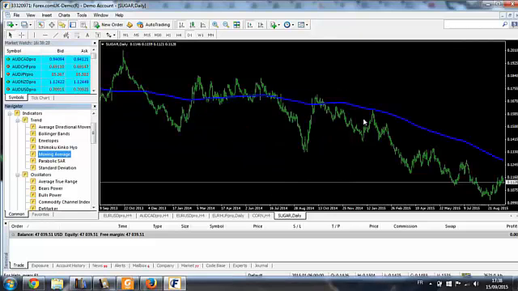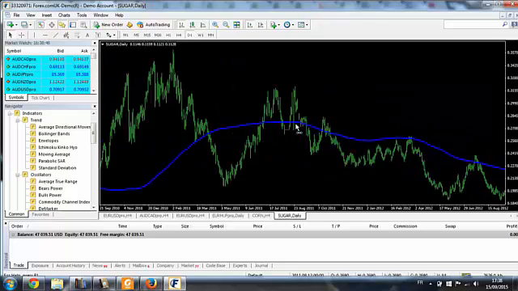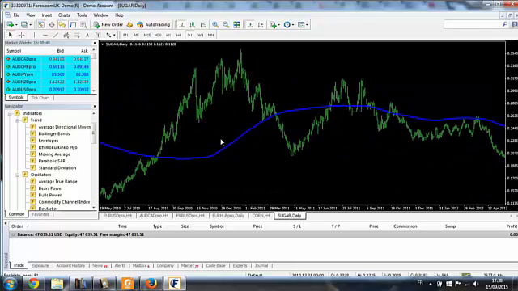Click OK, and here we have a downward measured trend. So the moving average is above the price, so the measured trend is a downward one. If the moving average is below the price, like there, the measured trend here is an uptrend.